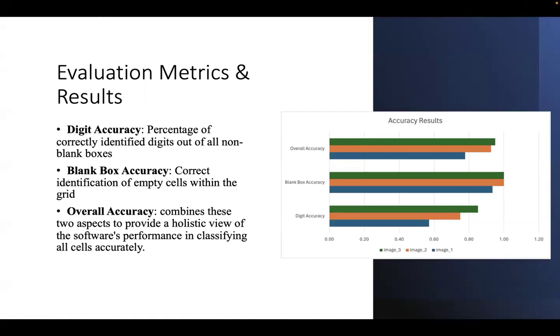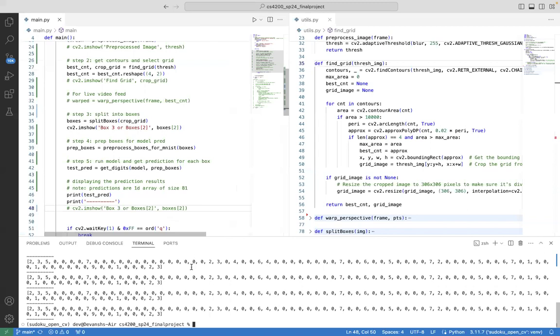So for example, let's say this box is predicted as zero. Let's say the model was predicting this to be an 8, but the confidence of that prediction was only 35-45%.